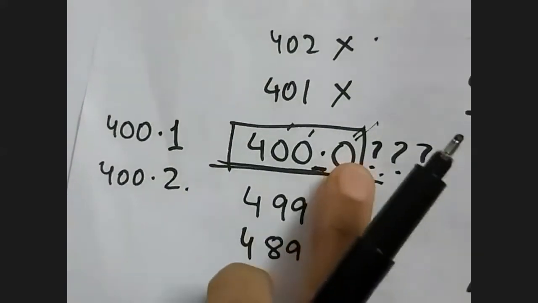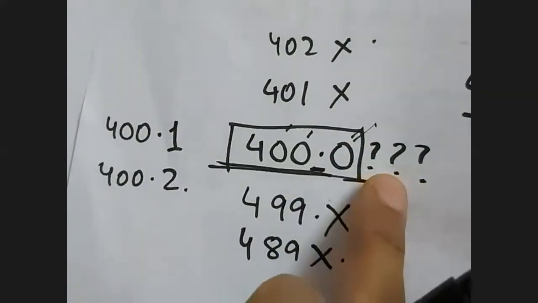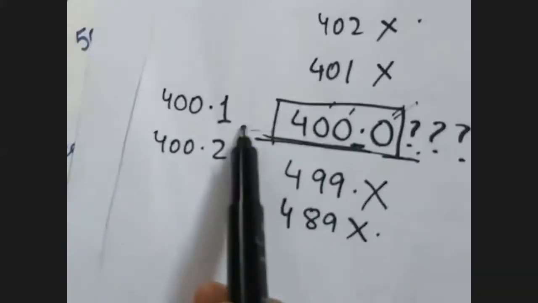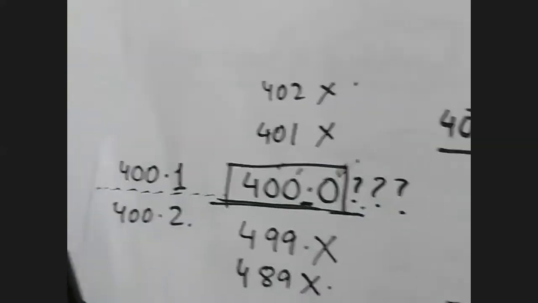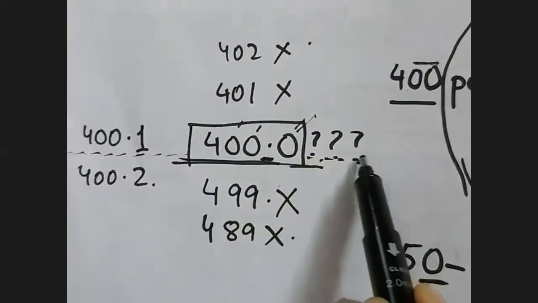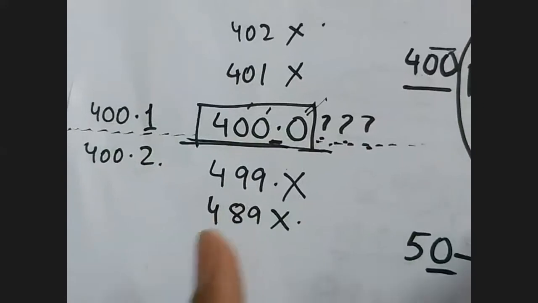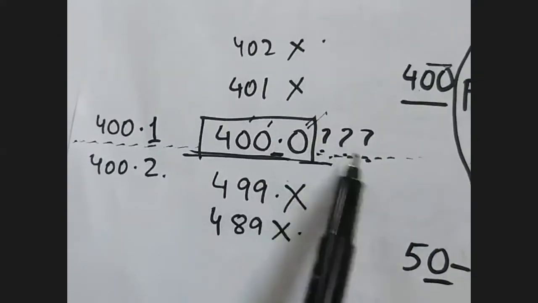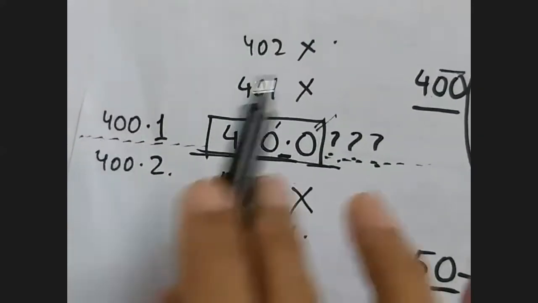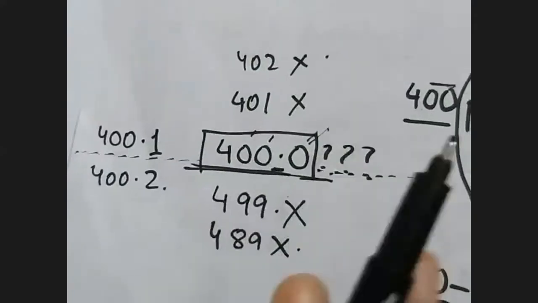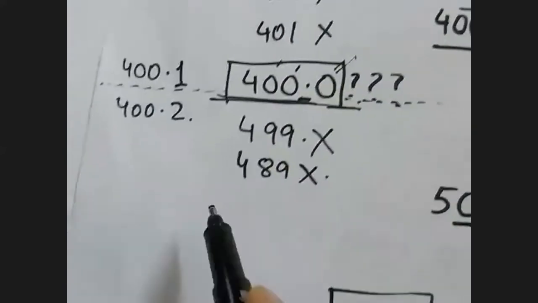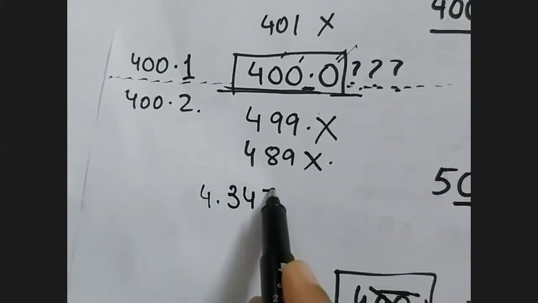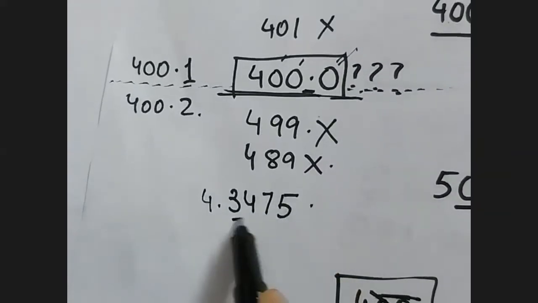Do you know that there are infinite zeros before the decimal and infinite zeros after the decimal? Infinite means uncountable, but we don't write them. We only write the digits that we are sure of. So the decimal places that we write in any number show how sure we are about these digits.